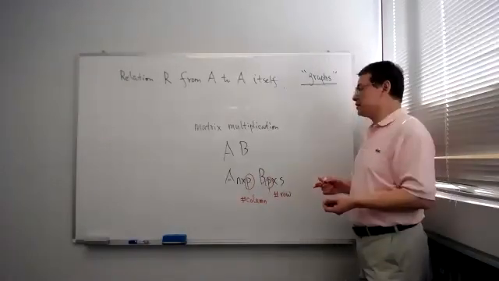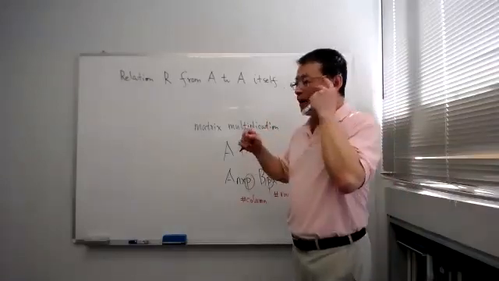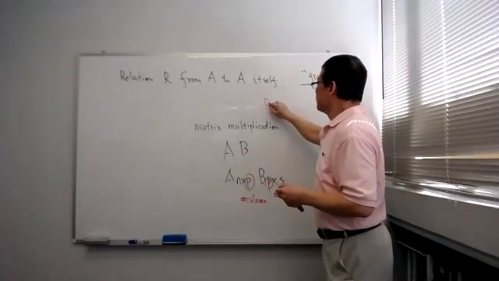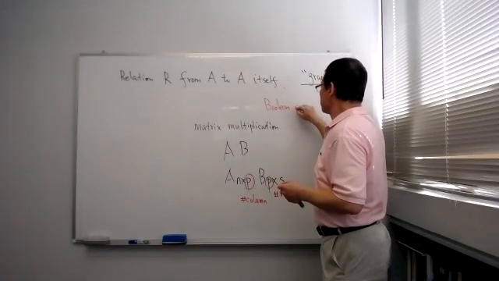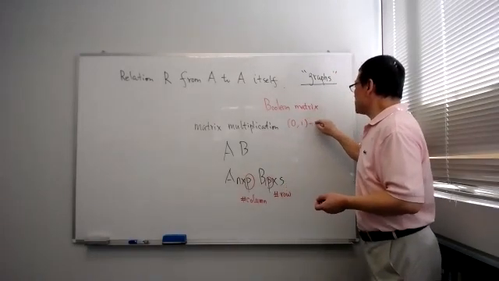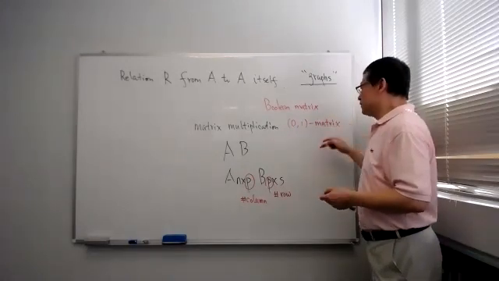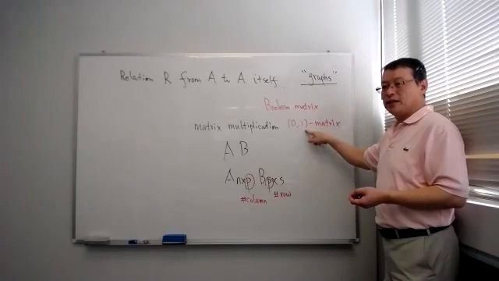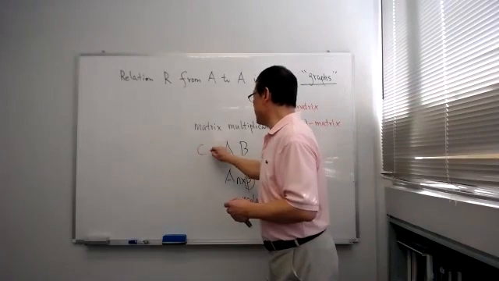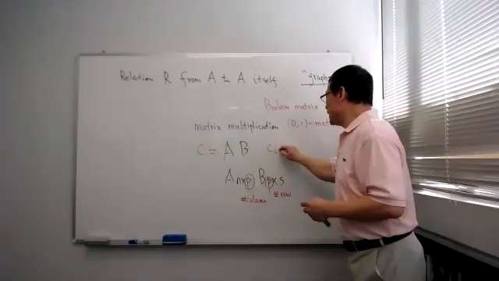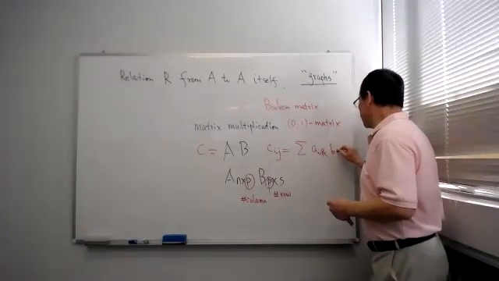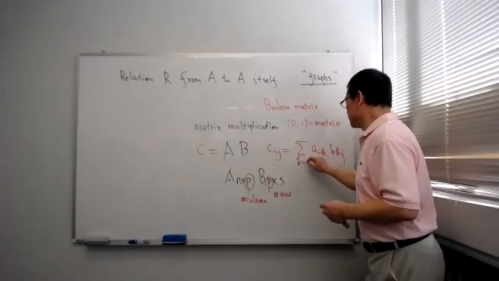The only difference is in determining a particular value. A Boolean matrix is a 0-1 matrix; each entry is either 0 or 1. The only difference is in multiplication. Suppose C equals AB. In matrix multiplication, Cij equals the summation of Aik Bkj, with k equal 1 to n.